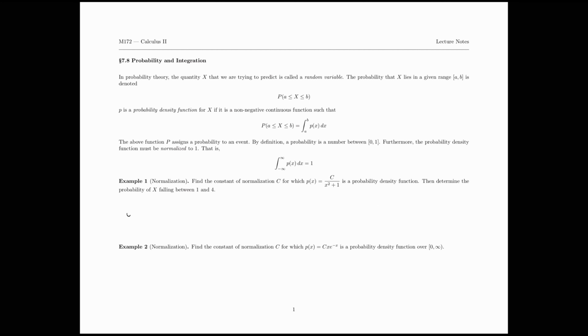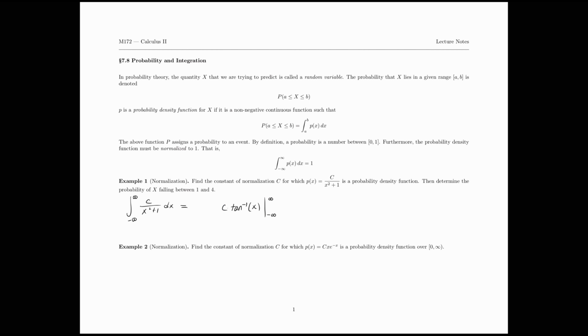Example 1, we'll do exactly the setup that we have: negative infinity to infinity, c over x squared plus 1 dx. Of course, this integrates into arctangent, or inverse tan, of x times our normalization constant c. Now we want this to be equal to 1. Since this is an improper integral, I should actually not put those infinities there.